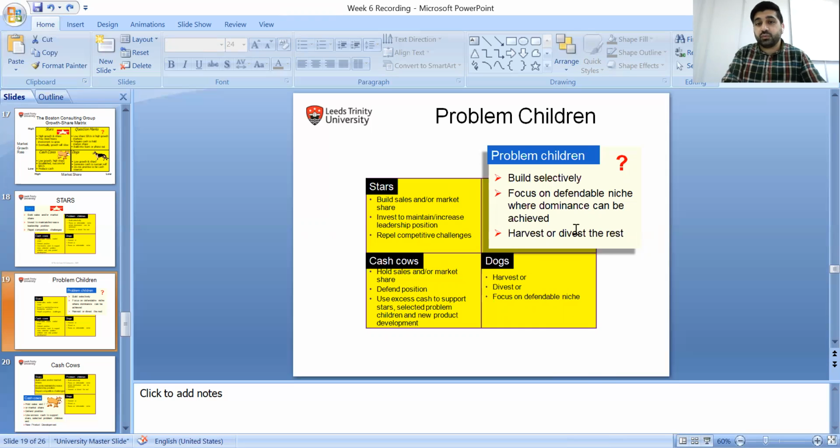At this stage, we build selectivity. We focus on a definable niche where dominance can be achieved, or at which target market we can go and achieve some customer market share.